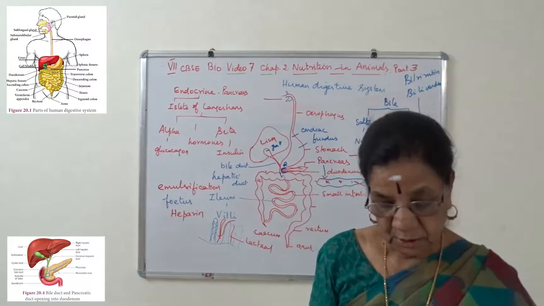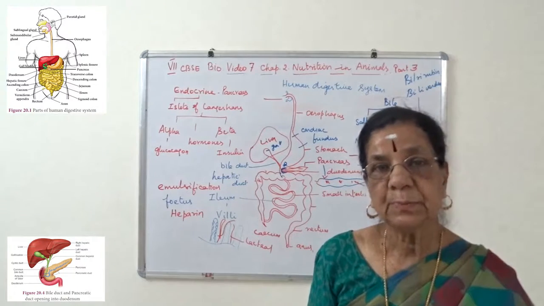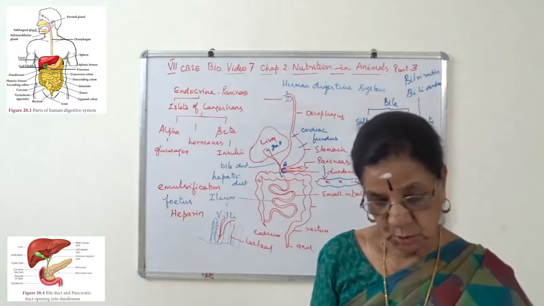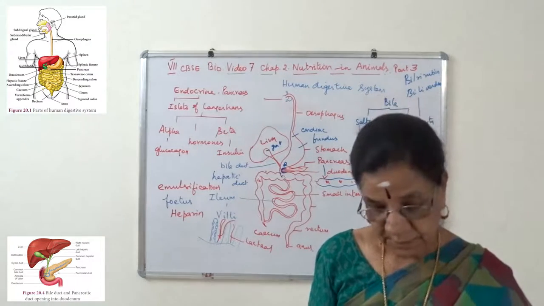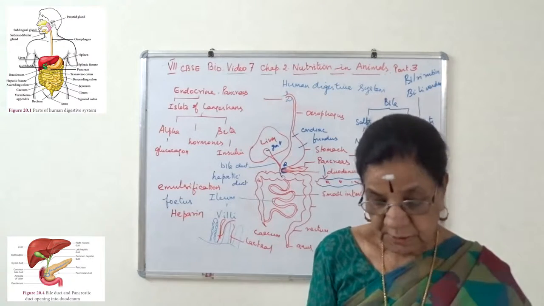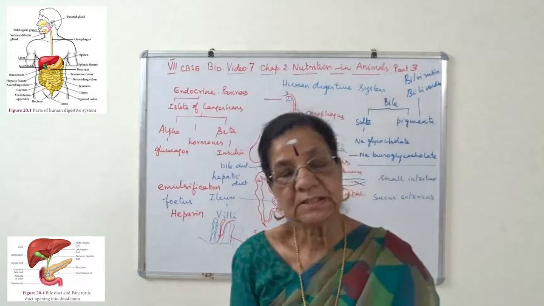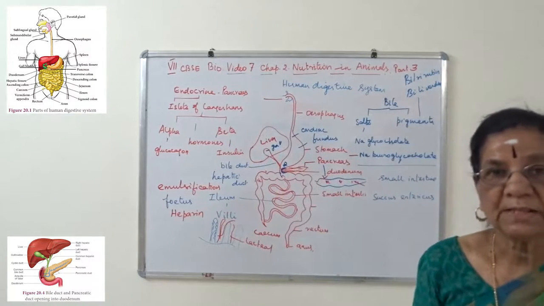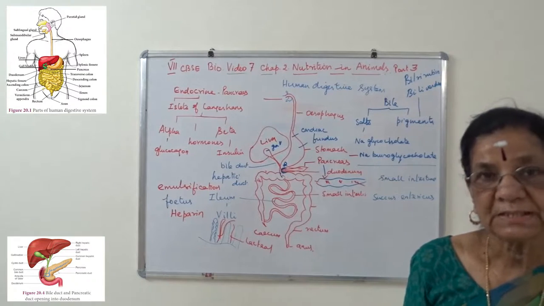I repeat, complex carbohydrates are converted into simple sugars like glucose, and proteins are converted into amino acids, and fats are converted into fatty acids and glycerol, and in that process they are absorbed by this process of absorption. I hope you understand.